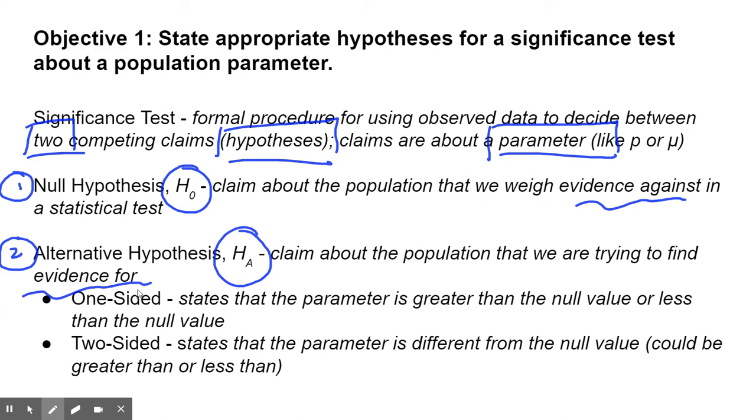Now there are two types of alternative hypotheses. One is a one-sided. That's where the parameter is either greater than the null value or less than the null value. So it's either a greater than or a less than. The two-sided states that the parameter is just different from, and when you say different from, we say not equal to. Okay. And you'll see in the next slide, I talk more about that.